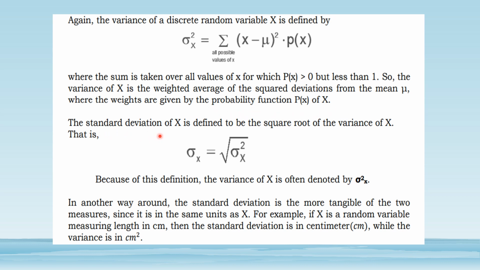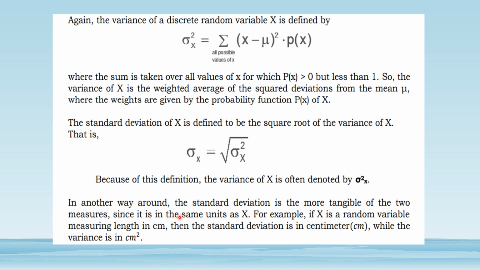The standard deviation of x is defined to be the square root of the variance of x. That is, the standard deviation is equal to the square root of the variance. Because of this definition, the variance of x is often denoted by sigma squared sub x.